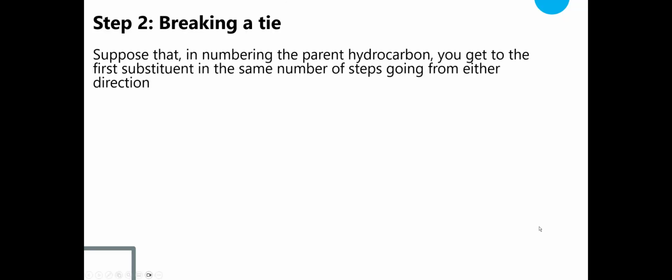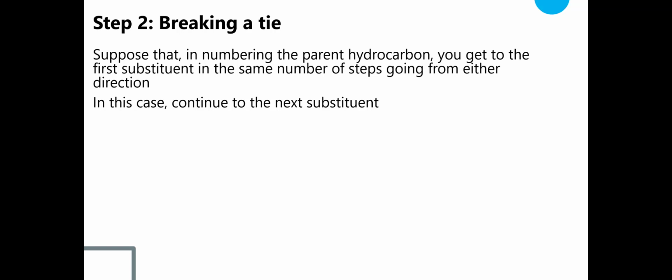Now let's go back and refine our approach to step 2. It will occasionally be true that when you number the parent hydrocarbon, you would get to the first substituent in the same number of steps, going from either side. And if that's the case, then you continue on to the next substituent.